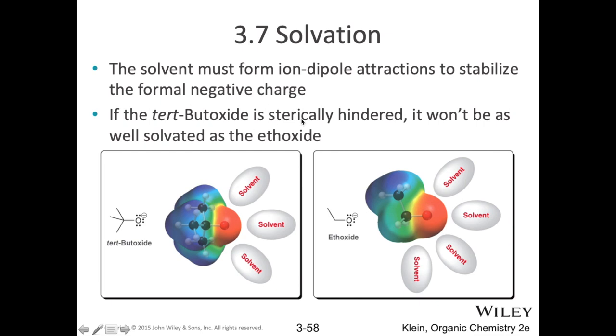So it's due to this steric hindrance, as we call it, the bulkiness of this molecule spatially hinders solvent getting towards that oxygen and surrounding it. Okay. By the way, this concept of steric hindrance will be an important one for explaining why a lot of mechanisms turn out the way they do.